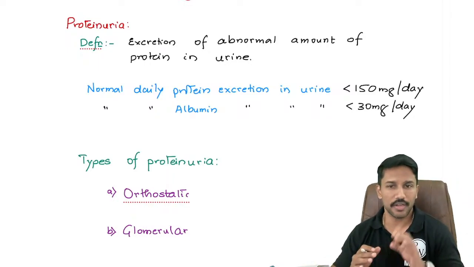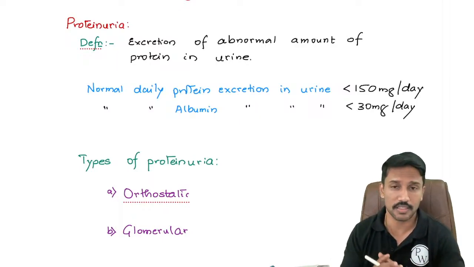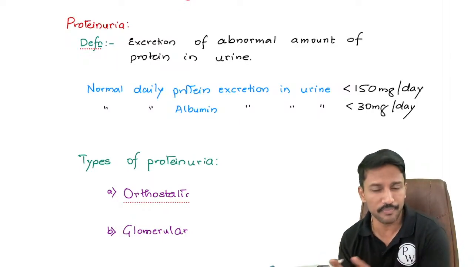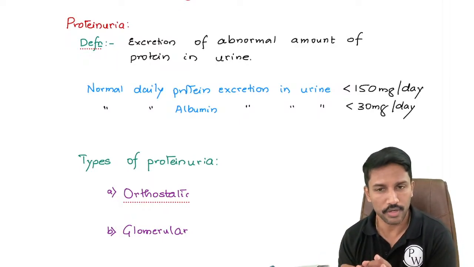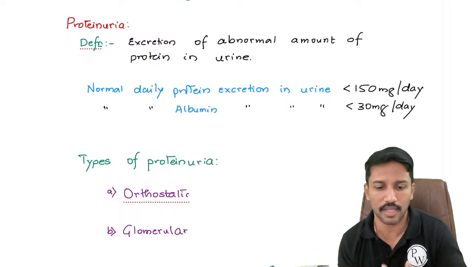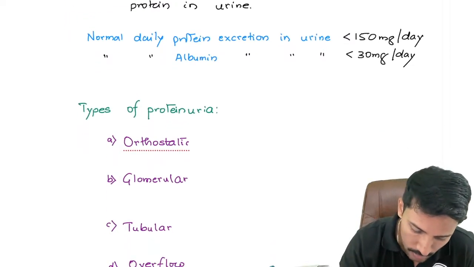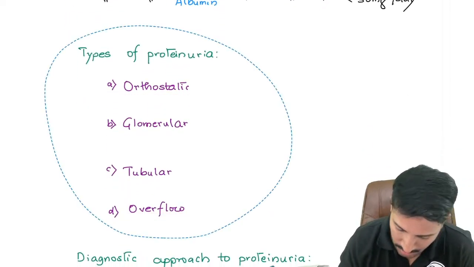So when your daily protein excretion is more than 150 milligrams per day or your daily albumin excretion is more than 30 milligrams per day, we can say patient has got proteinuria. And precisely if it is albumin which is more than 30 milligrams per day, we can also write it as albuminuria, right?